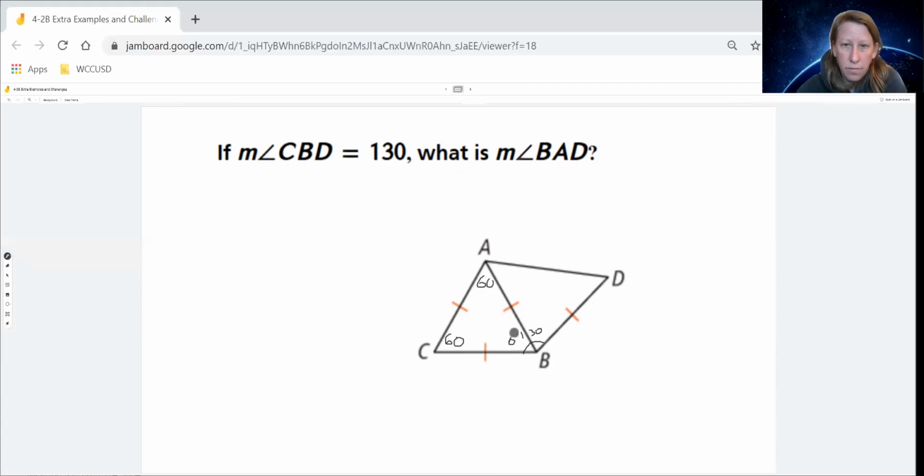So inside of the equilateral triangle, all the angle measures are going to be 60. And then the given information said that the whole angle is 130. I am trying to find angle BAD. Maybe I'll put a little X right there.